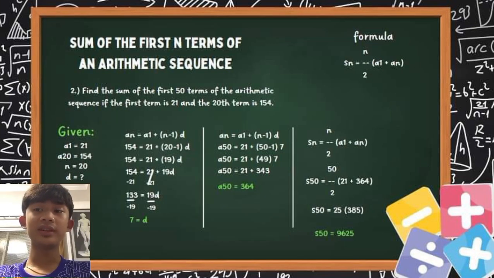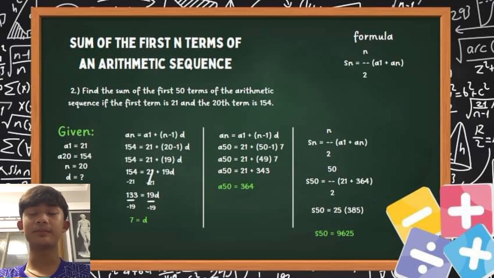After we got our common difference, now we are going to solve for the 50th term before the sum. Again, we have to use the formula a sub n equals a sub 1 plus parenthesis n minus 1 times the common difference. We are going to replace them again, but since we have our common difference now, we are going to include that to look for our 50th term. So replace the given. a sub 50 equals 21 plus parenthesis 50 minus 1 times 7. 50 minus 1 is 49.